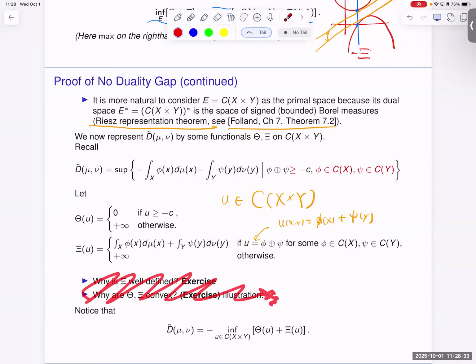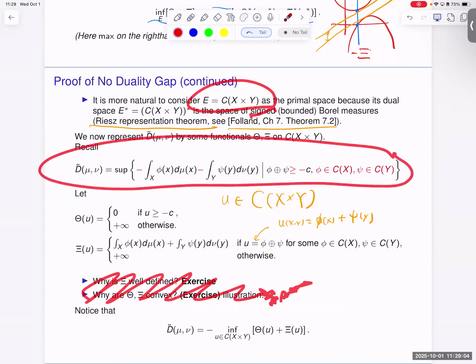I'm just trying to keep track of E. E is this set of continuous functions on the product space. The claim is that this expression is the same as this expression coming from this theta and psi.